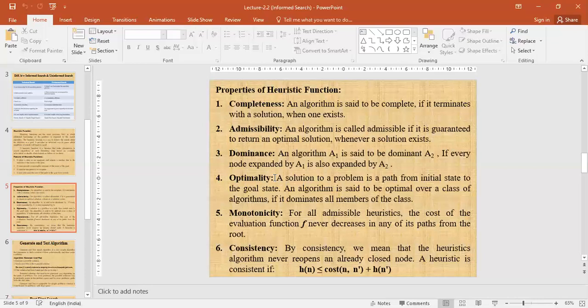By consistency, we mean that the heuristic algorithm never reopens an already closed node. A heuristic is consistent if h(n) is less than or equal to cost(n, n') plus h(n'). Every consistent heuristic is also admissible.